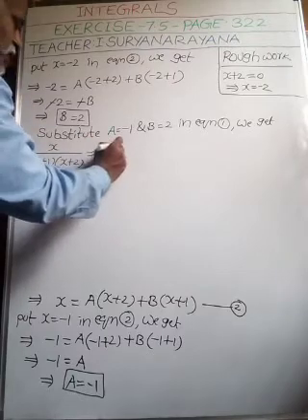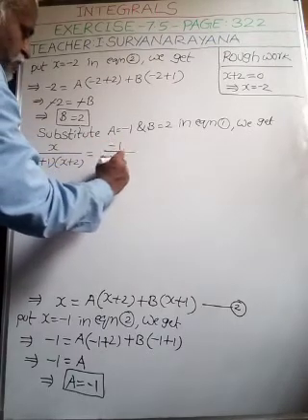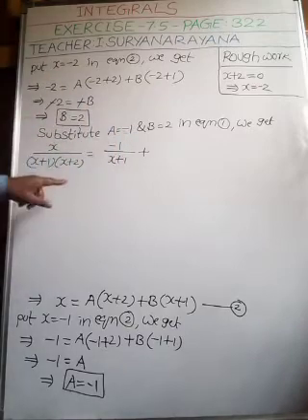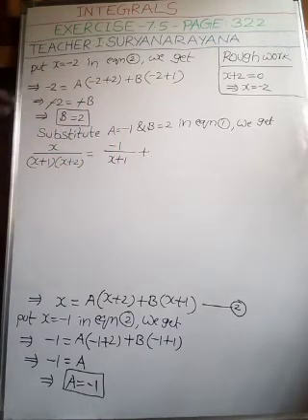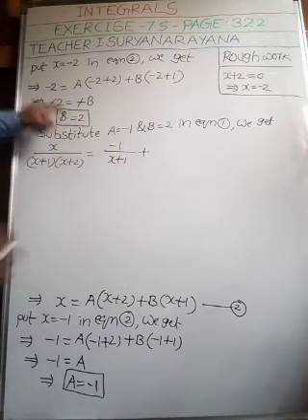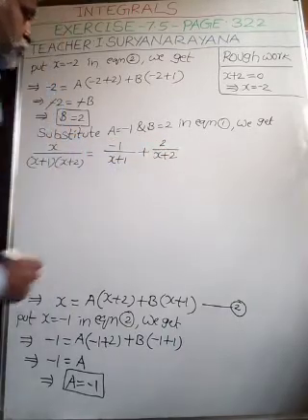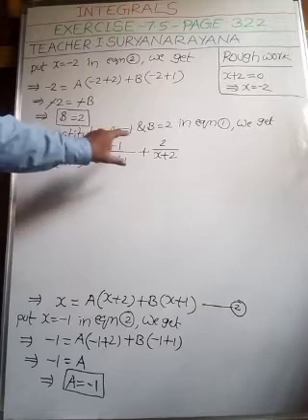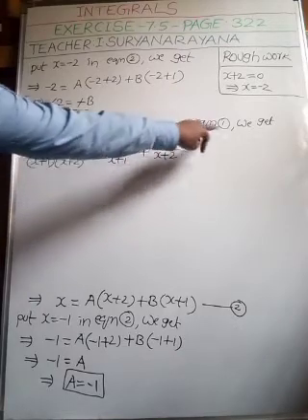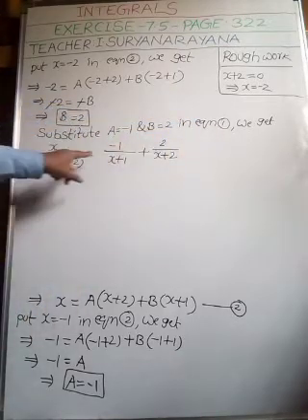What is a here? Minus 1 by x plus 1 plus b by x plus 2. Okay, my children. What is b here? 2. 2 by x plus 2. By substituting these two values in the equation 1, we get this step.